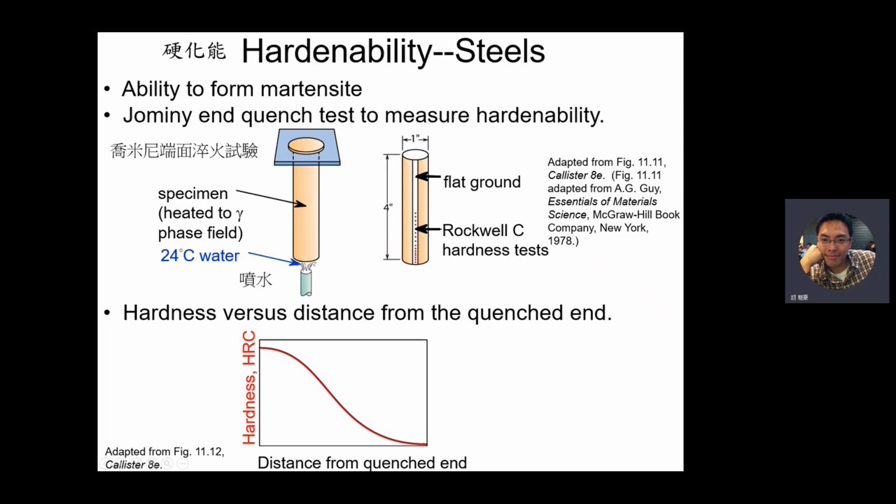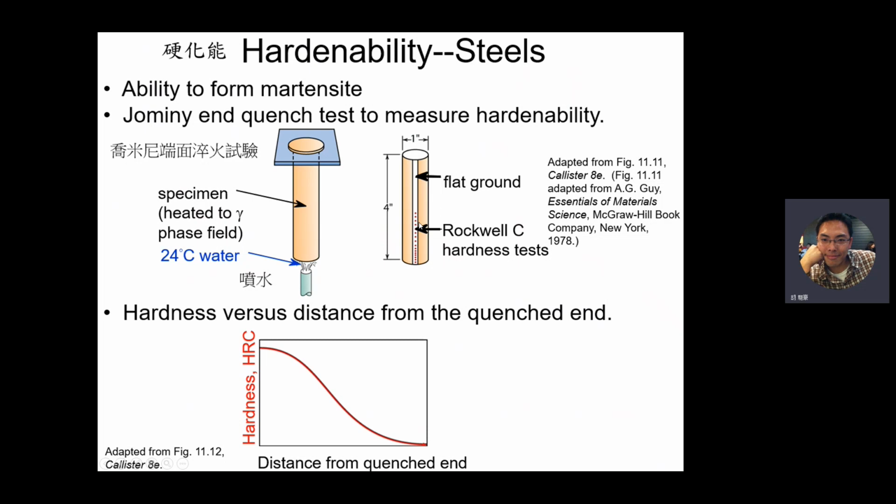Okay, so let's look at the other mechanical property. It's called hardenability. Hardenability is the ability to form martensite, and the Jominy end quench test is the measurement for hardenability. So how is this Jominy end quench test done?